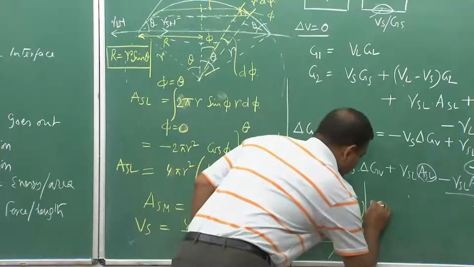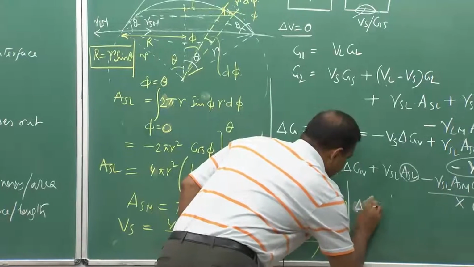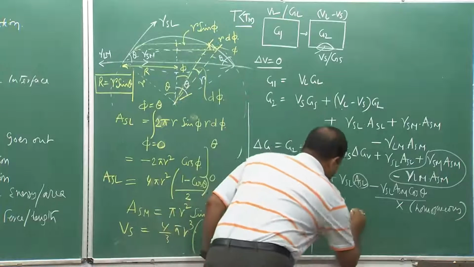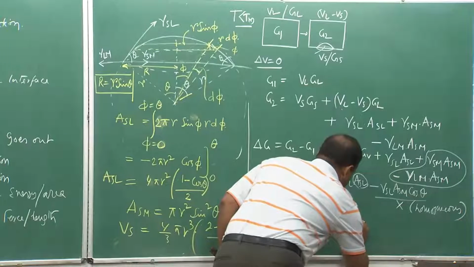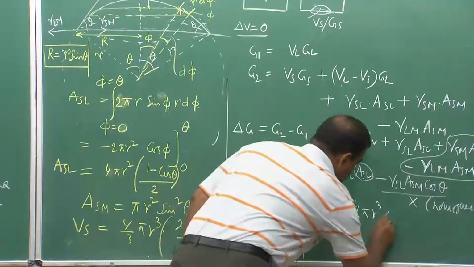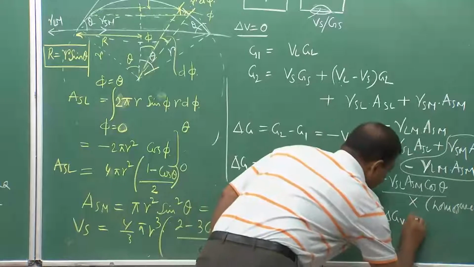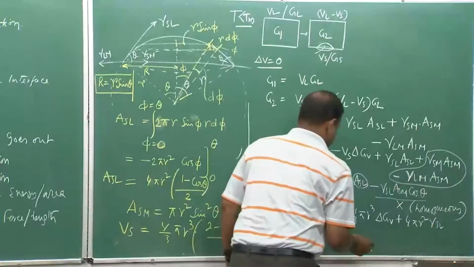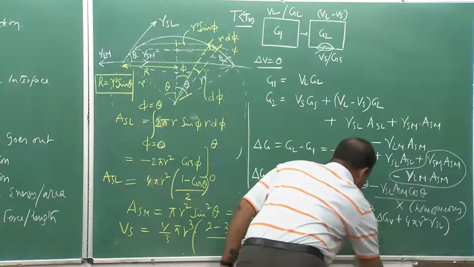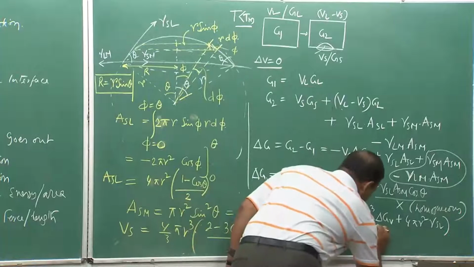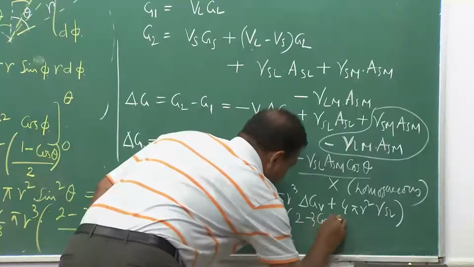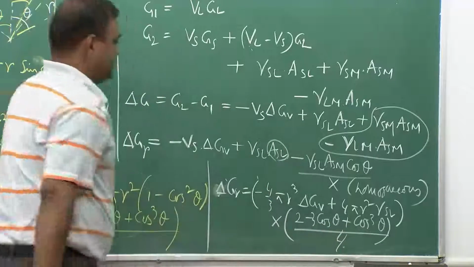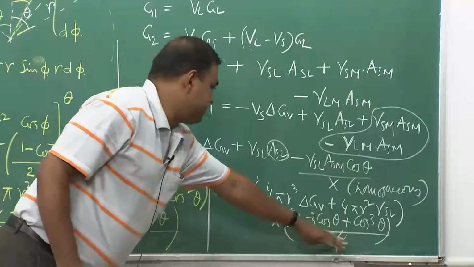You will get delta G r equal to minus 4 by 3 pi r cube delta G V plus 4 pi r square gamma S L, and this into one more term, which will be 2 minus 3 cos theta plus cos cube theta divided by 4. So this part is multiplied by this.